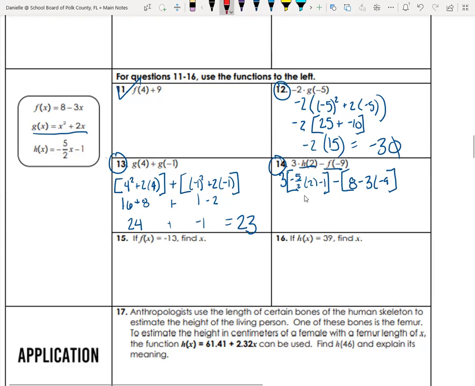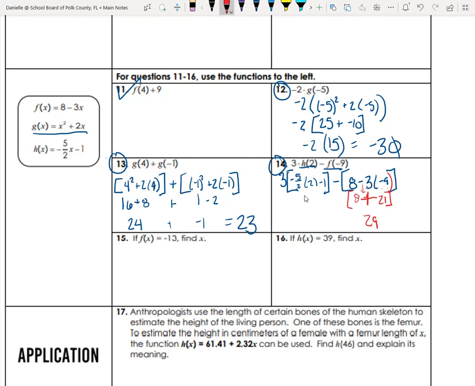I'm going to do the second one first because it's a little bit easier. 3 times negative 9, negative 3 times negative 9. We'll do 3 times 9. Gives me 27. And we carried that negative sign down and the 8. Which gives me 35 because this becomes plus.